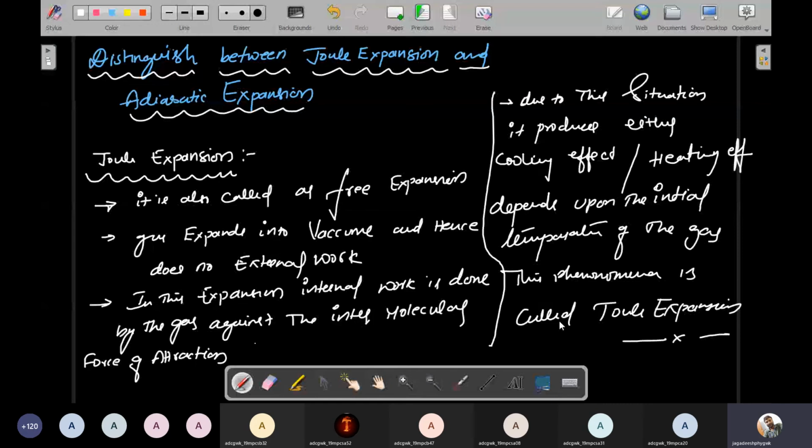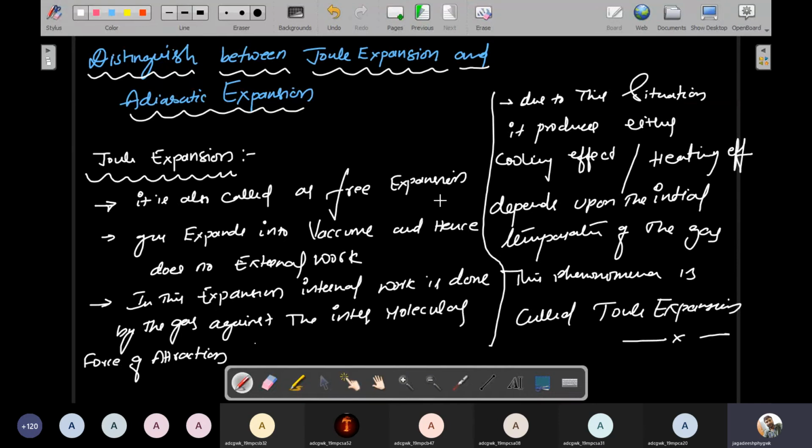So the next topic is adiabatic expansion. So you can understand what is the Joule expansion. Joule expansion is a free expansion because the gas expands into vacuum, hence no external work done.